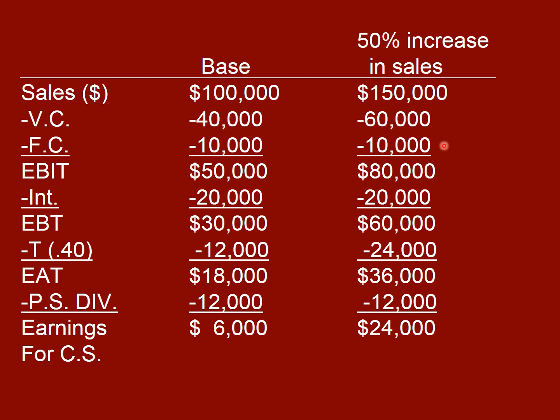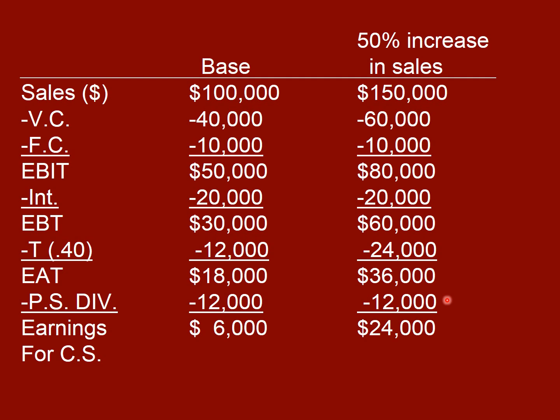Our fixed operating cost would remain fixed at 10,000. Leaves us EBIT of $80,000. Then we subtract our fixed interest expense of 20,000. Leaves us earnings before taxes of 60,000, and we multiply that by 40% to get our tax liability of 24,000. Leaves us earnings after taxes of 36,000.